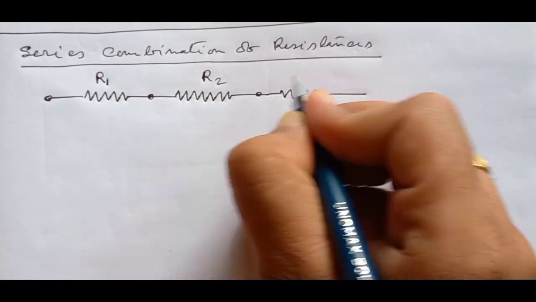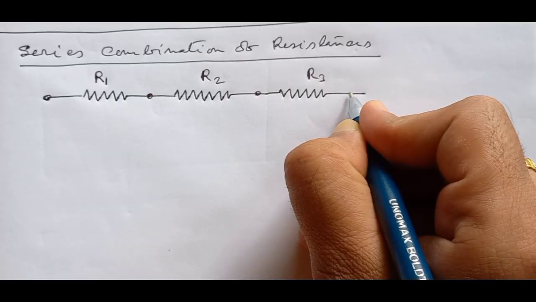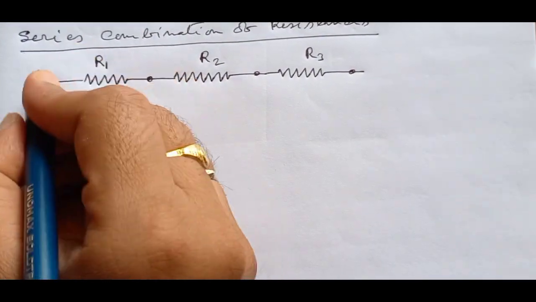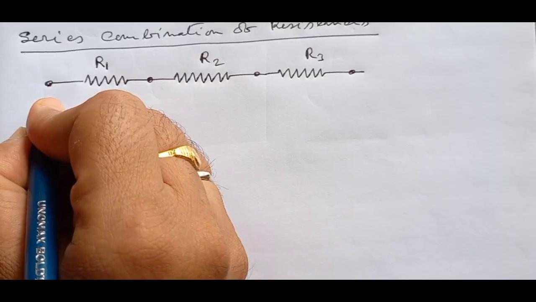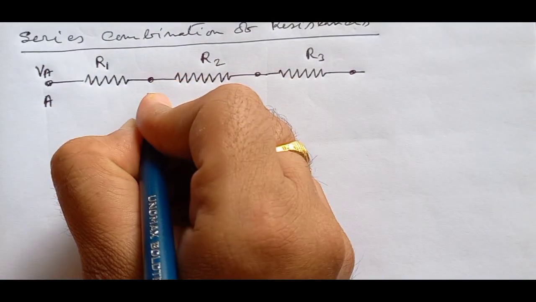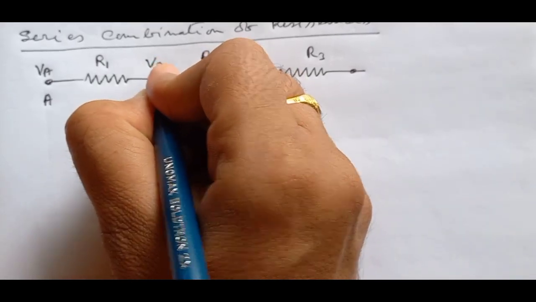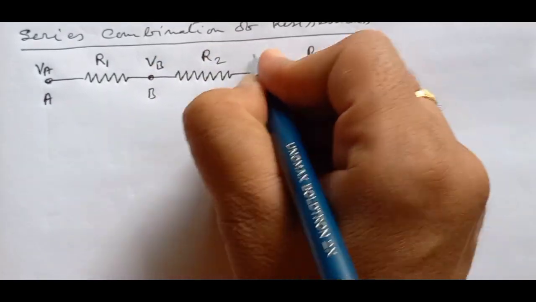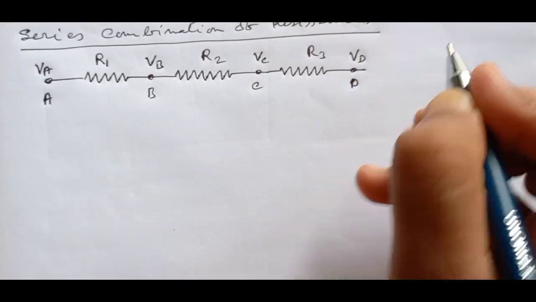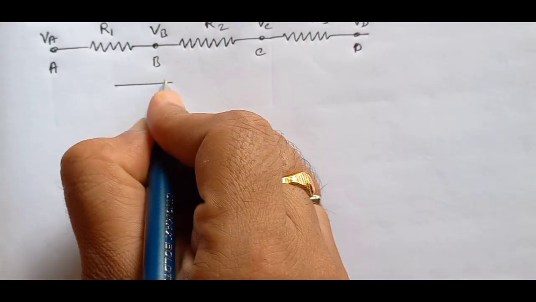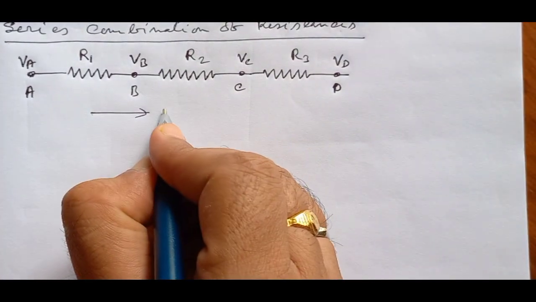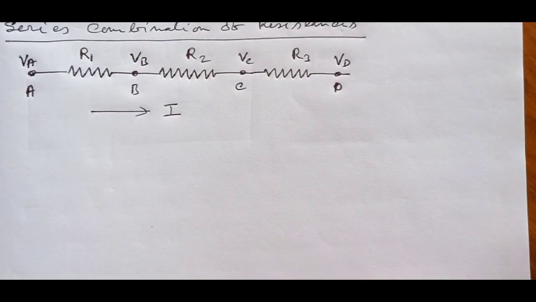This resistor has resistance R3. The potential of the terminal A is VA, the terminal B is VB, terminal C is VC, and terminal D is VD. The current through all the resistances is the same, that is I.